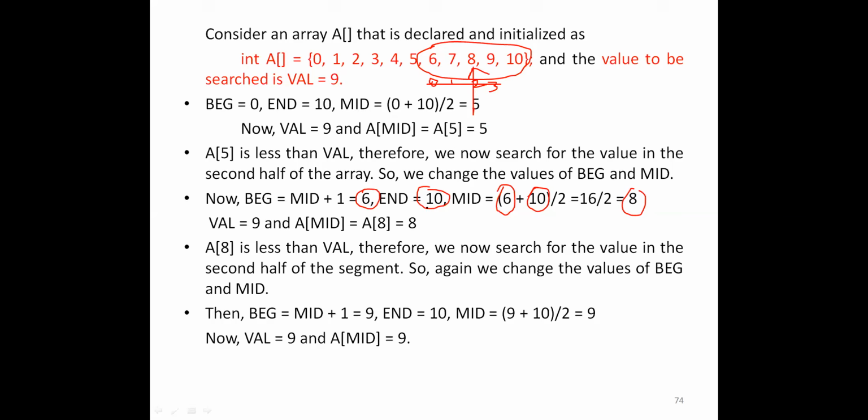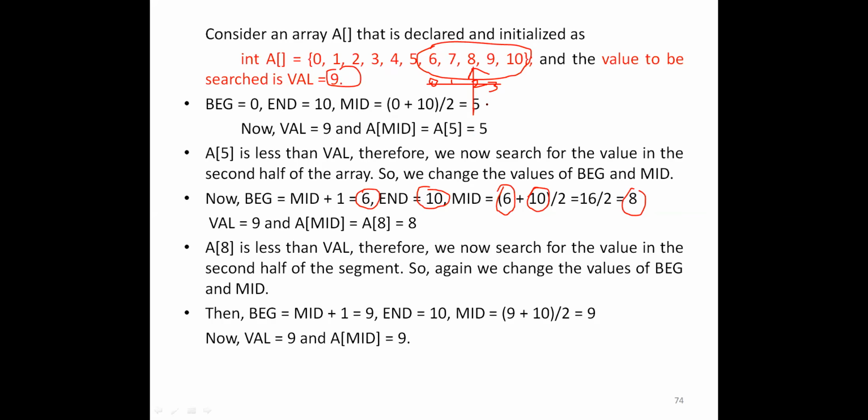Then what will I do? I will compare the 8 with the 9. It's not matching, so 8 is lesser. Then we conclude that we have to move towards the right side.